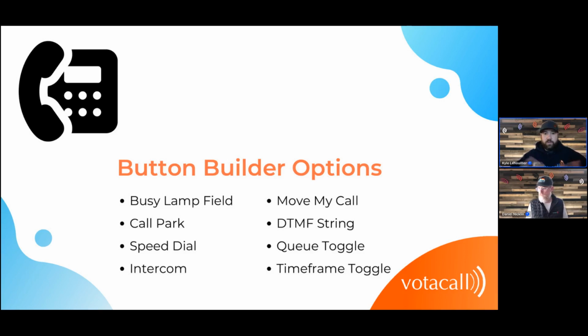So for example, your business hours are 9 to 5. Automatically at 9 o'clock, your phone system would ring in normally. Automatically at 5 o'clock, it would follow your after hours scenario, whether you had a different auto attendant greeting for after hours or an answering service. But with a time frame toggle, you control when you receive calls and send calls to your basically night mode scenario. So those are some of the options we can use with Button Builder.